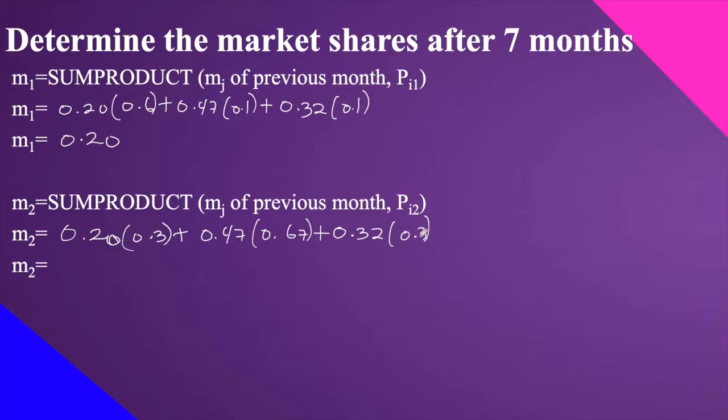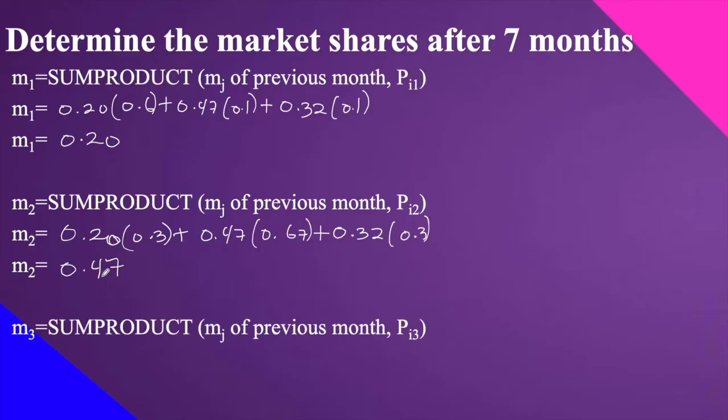This is equivalent to 0.47. Okay? So, next, we have the sum product for the M sub 3.